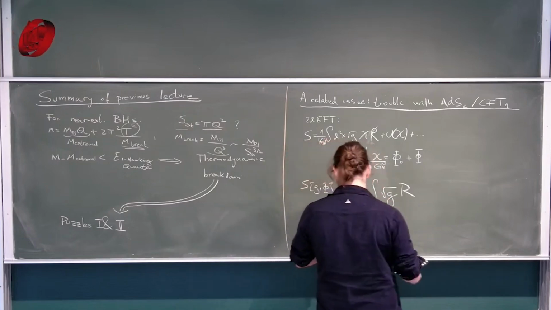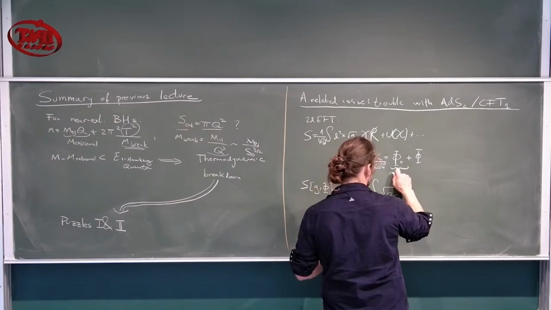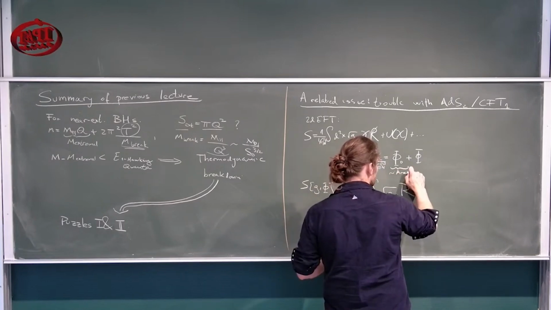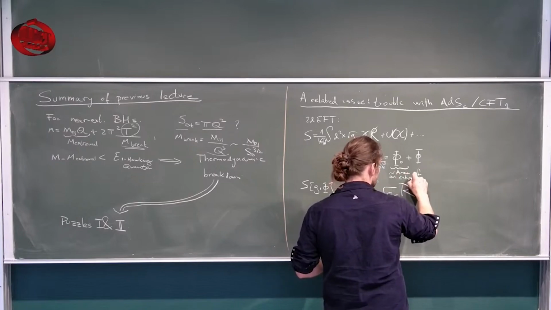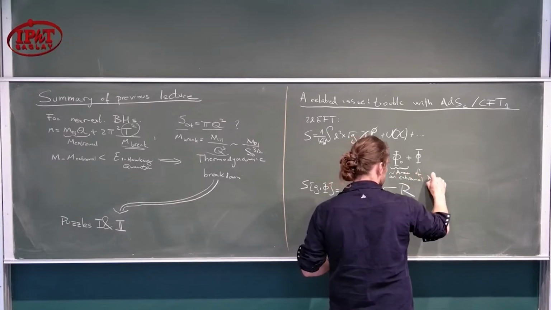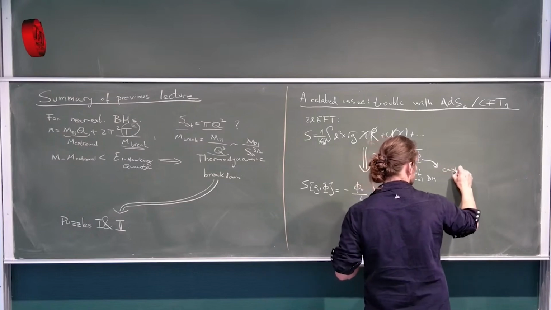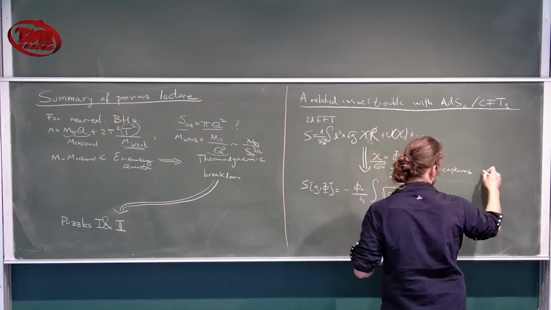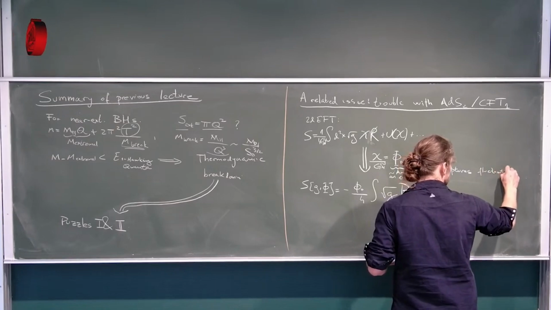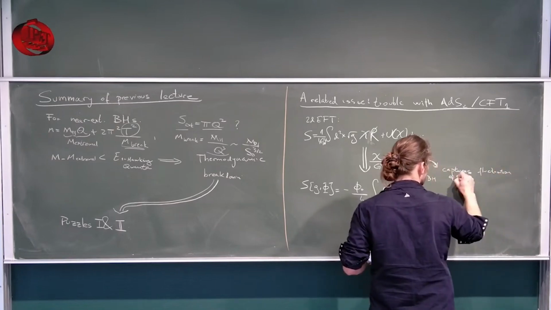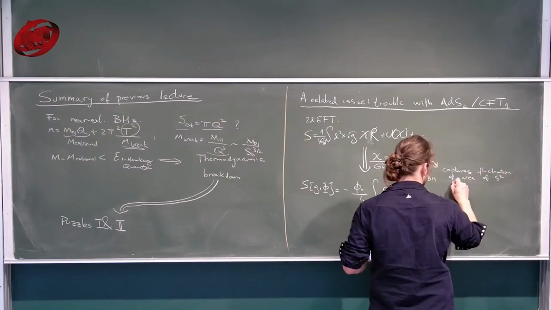Phi 0 here is essentially proportional to the area of an extremal black hole. And phi captures fluctuations of this area in the transverse direction.